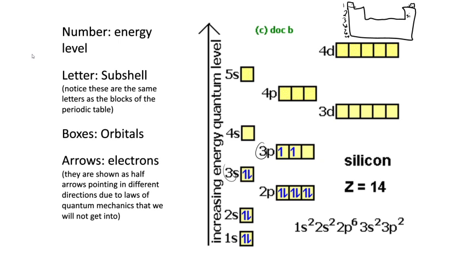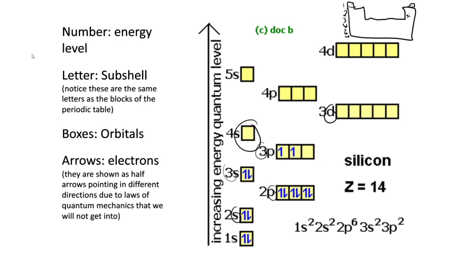So looking at this diagram, the number here represents the energy level, the letter represents the subshell. Again, like I said, notice these are the same as the blocks of the periodic table. Each of these boxes represents an orbital, and the arrows, right, represent electrons.